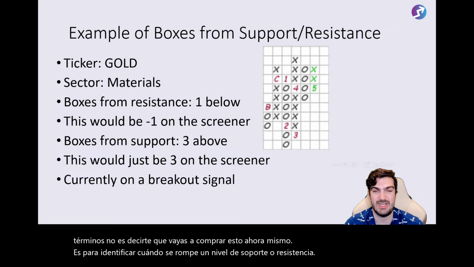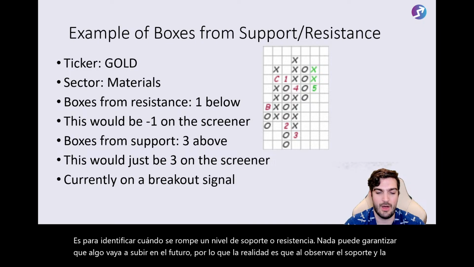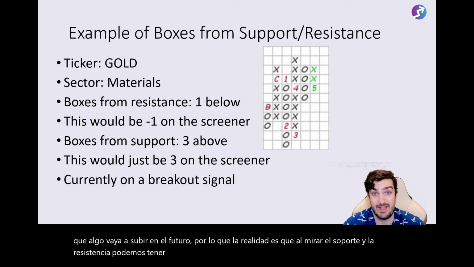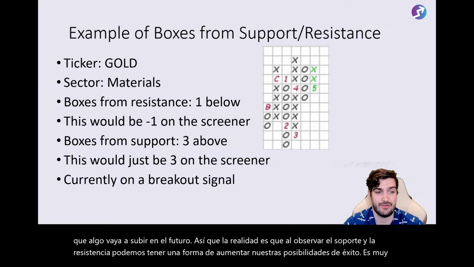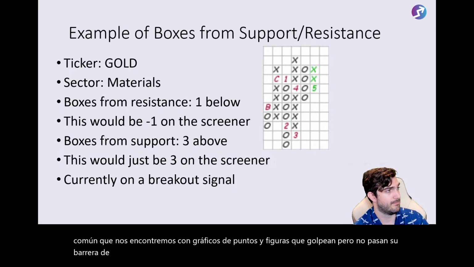Nothing can ever guarantee that something is going to go up in the future. So the reality is that by looking at support and resistance, we can have a way of increasing our chances of success. It is very common that we will find point and figure charts that hit but don't pass their resistance barrier over and over and over.